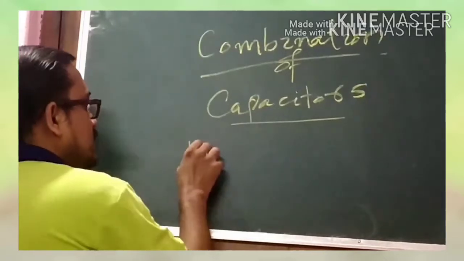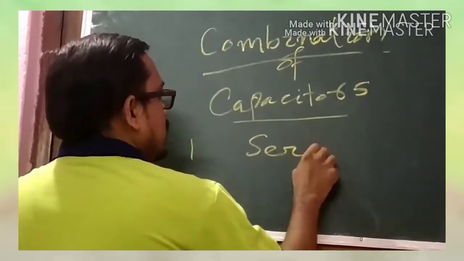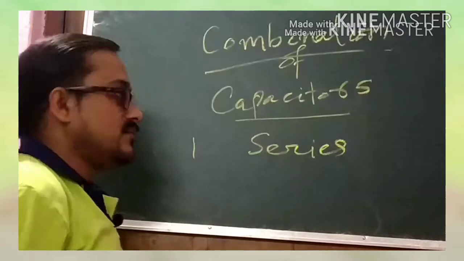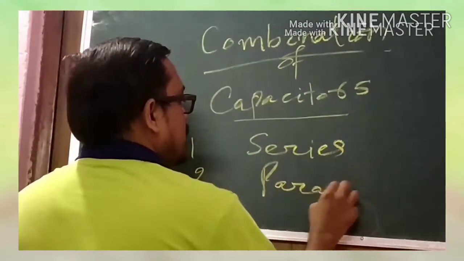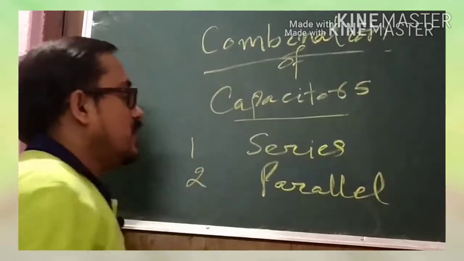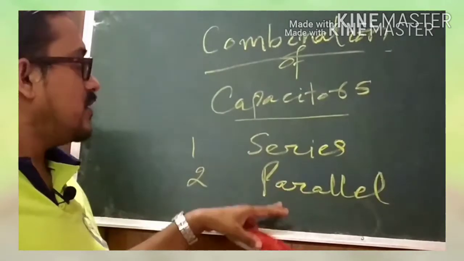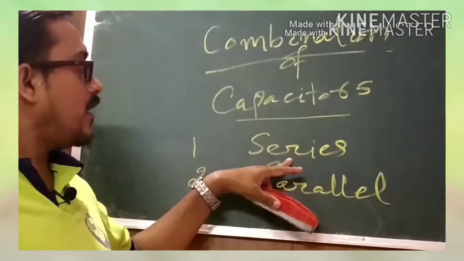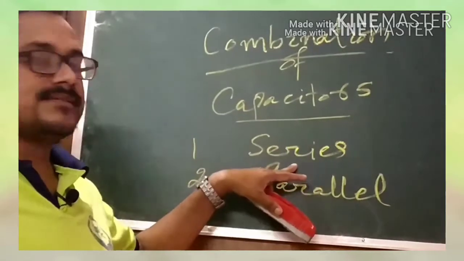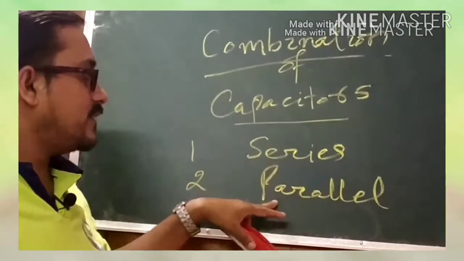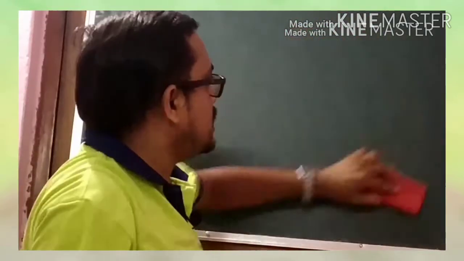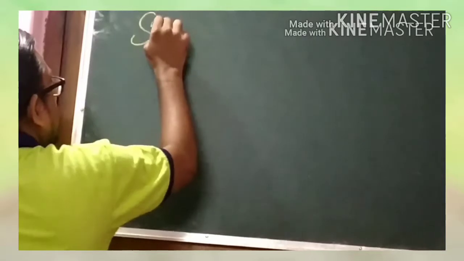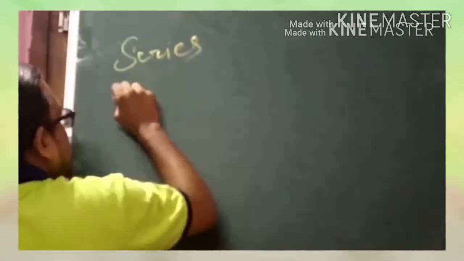The first is the series combination, and the second is called the parallel combination. In both methods we have to analyze how the capacitors are arranged. First we will discuss the series manner, that is, the combination of capacitors in series.